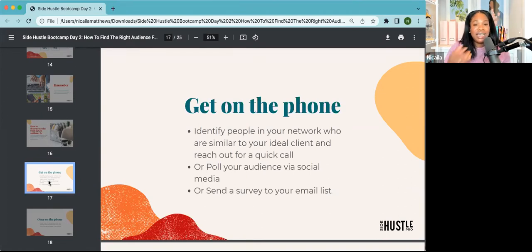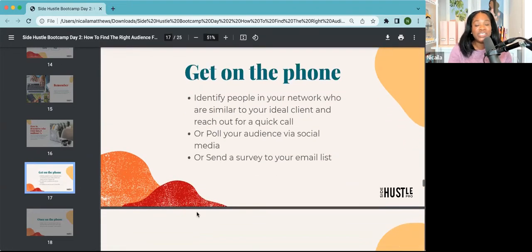Again, this is not statistically significant, but it does start to inform you, because the people who are following you bear some resemblance to your target audience. Or you can send a survey to your email list. Even if you don't have a formal email list, this is when you can start to tap into who you know.